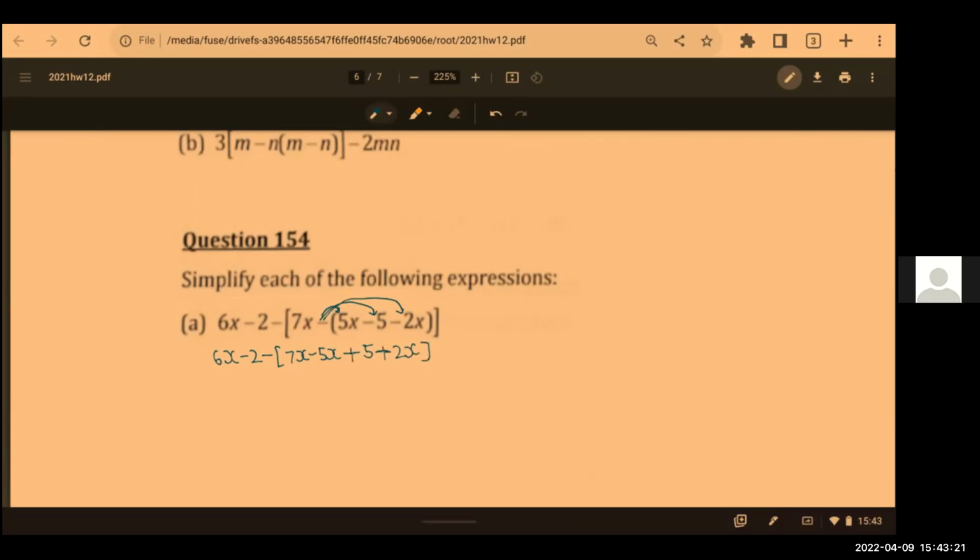Correct. Then underline similar terms, or maybe you can open the bracket first. I mean, one more bracket for you to open, right?